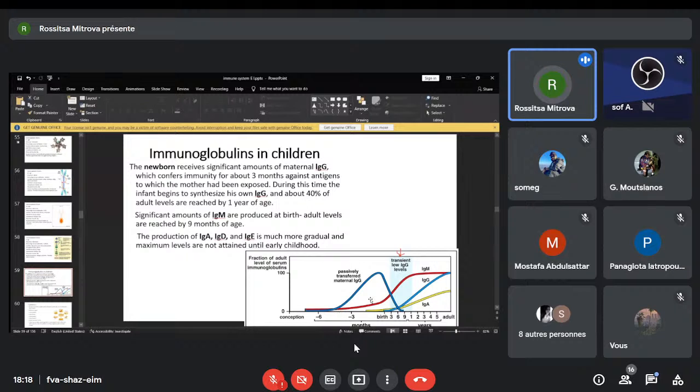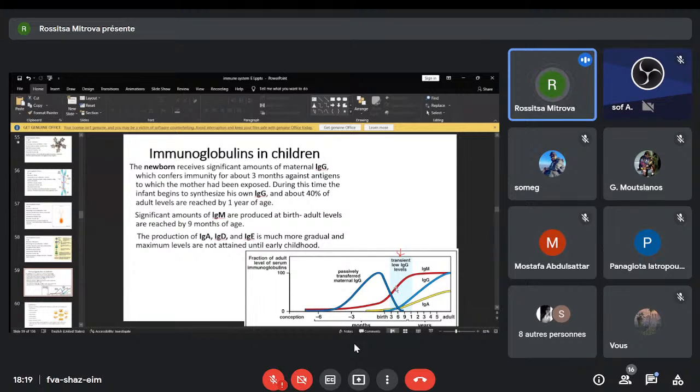Significant amounts of IgM are produced at birth, adult levels reached at 9 months. They are produced, you see, almost starting from conception, it is marked.